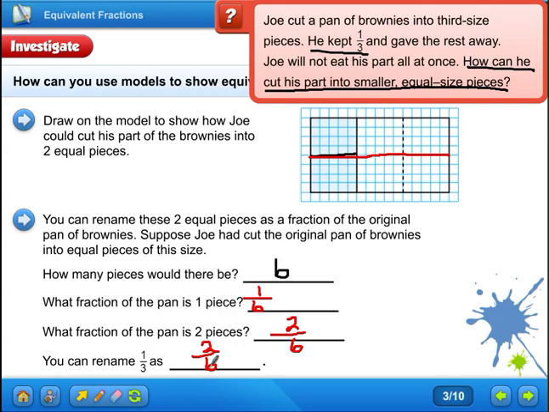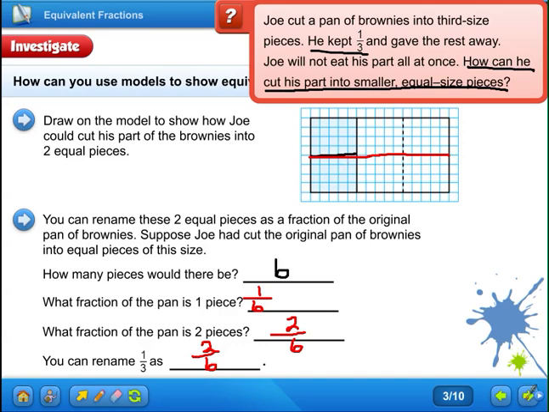All right, good so far. 2/6 or 1/3. Same thing. They're equivalent fractions, equal fractions, fractions of the same amount. 1/3 is this, or 2/6.